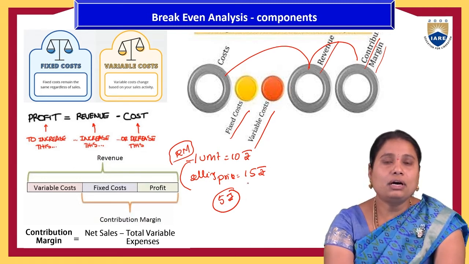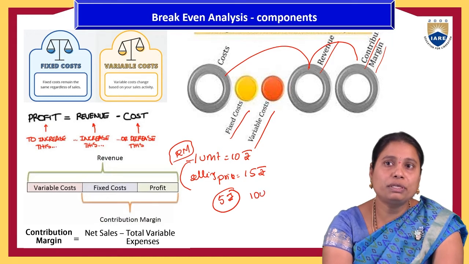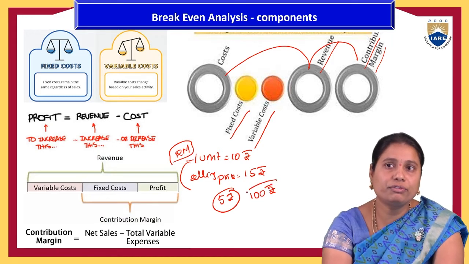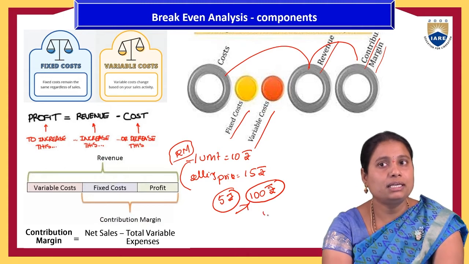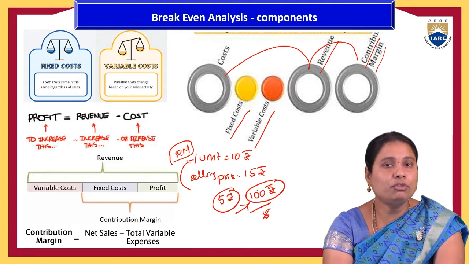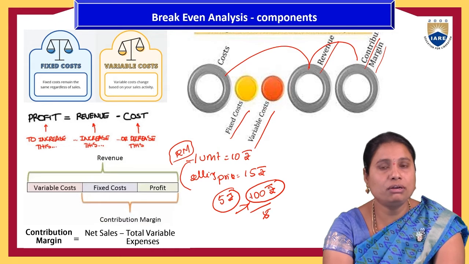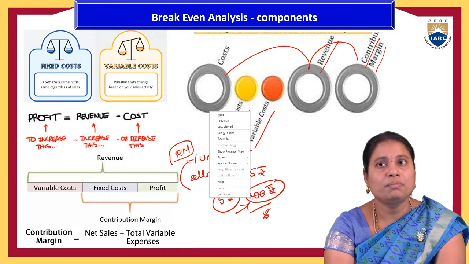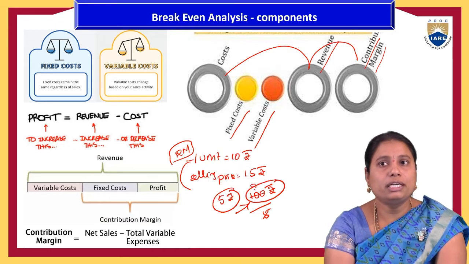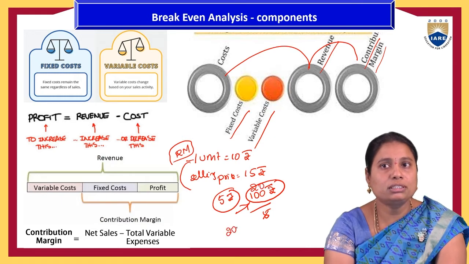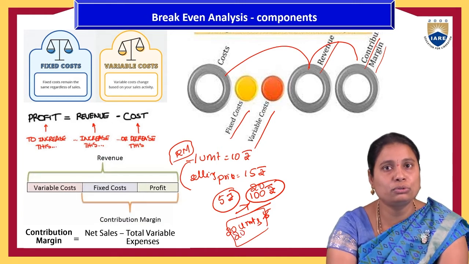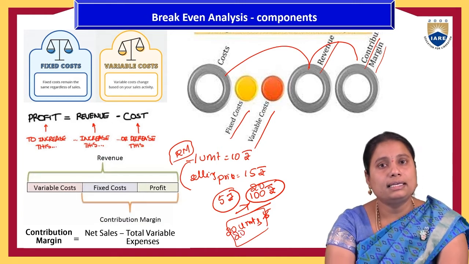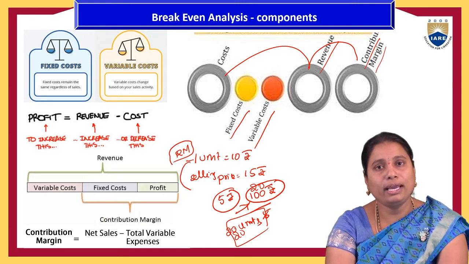Then if the organization is spending 100 rupees of fixed cost, which is common for all units, then with 5 rupees as the contribution margin and a total fixed cost of 100 rupees, if the organization is able to produce or sell 20 units, they will get the no loss, no gain point.